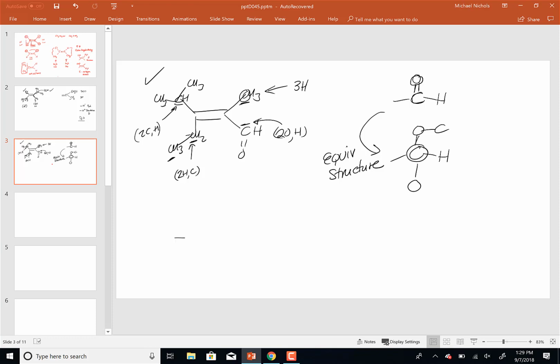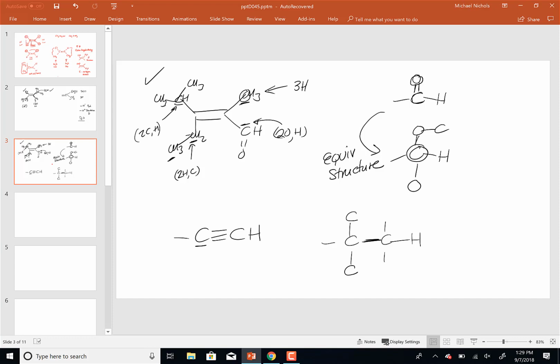So another one, let's say I had a carbon-carbon triple bond. My equivalent structure there would have to have both of the carbons having 4 bonds. So for this carbon, I would say I need 3 carbon-carbon single bonds: 1, 2, 3.